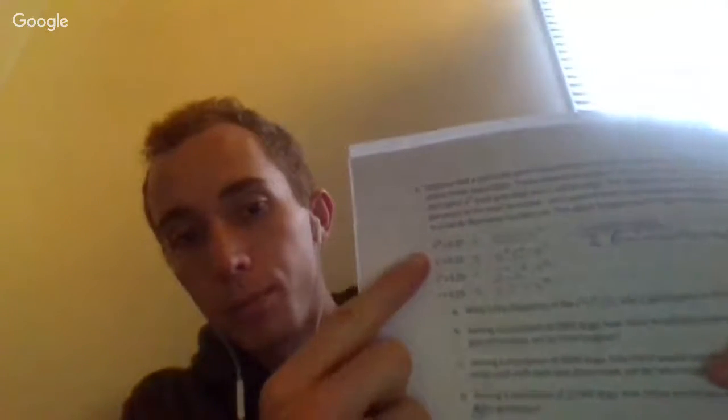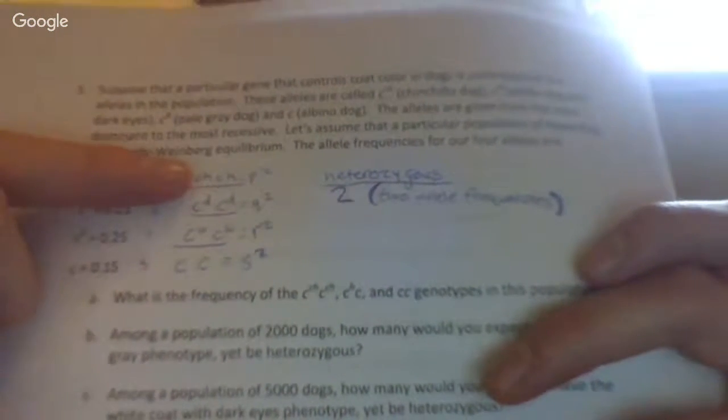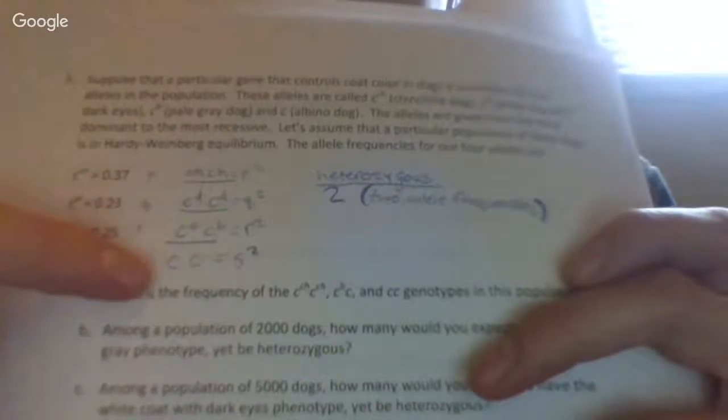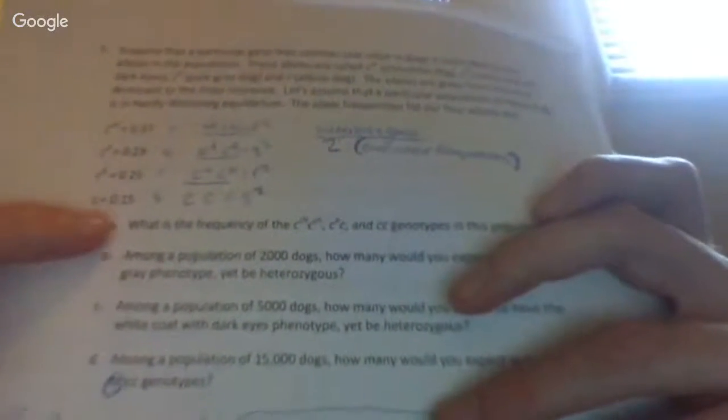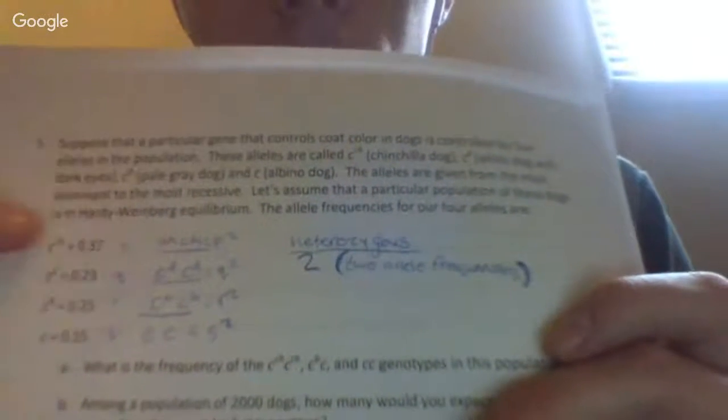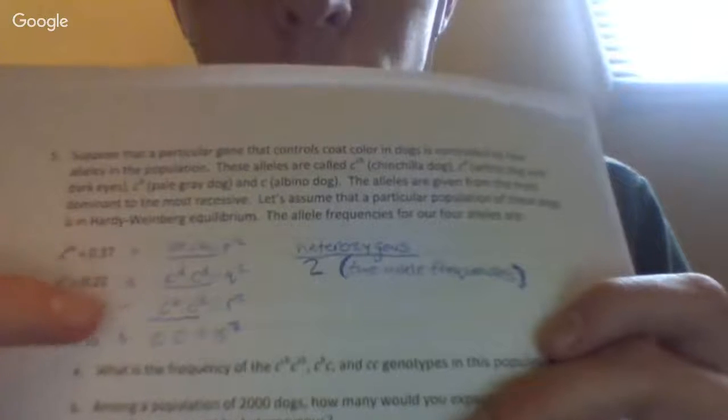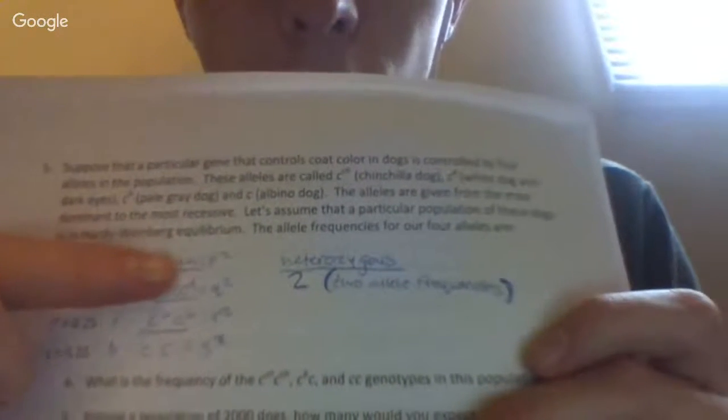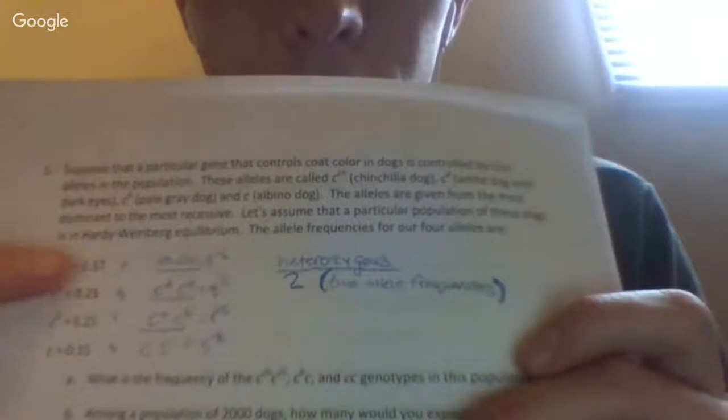So I labeled for CCH, chinchilla. This one's chinchilla. This one's white dog with dark eyes. This one is a pale gray dog, and this is albino dog. So we're given these frequencies. In order to find the homozygous frequencies for each of these, I labeled each of these P, Q, R, S. And if we want to find homozygous for any of these, we just square this value.